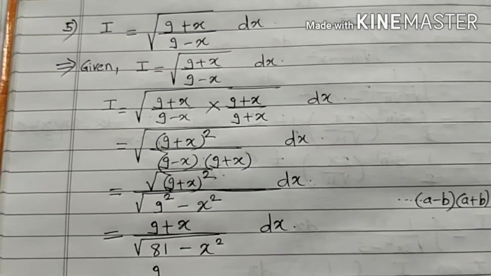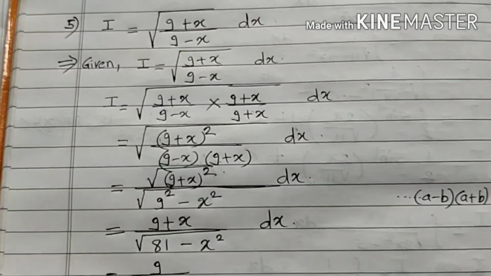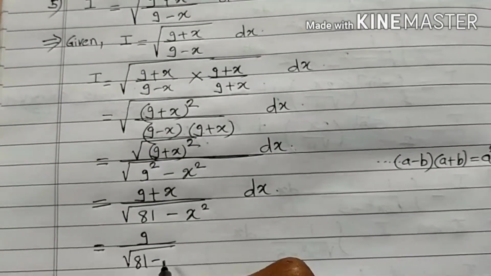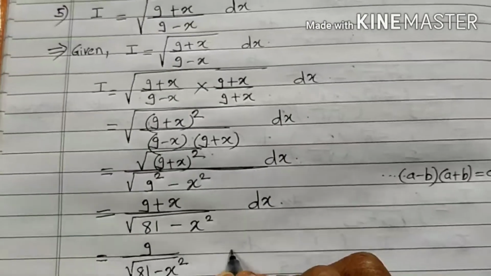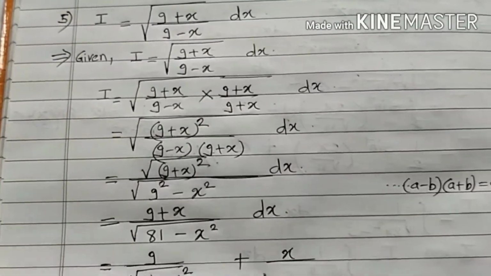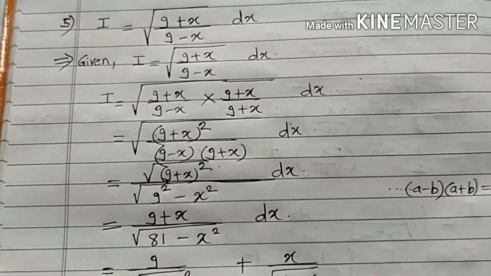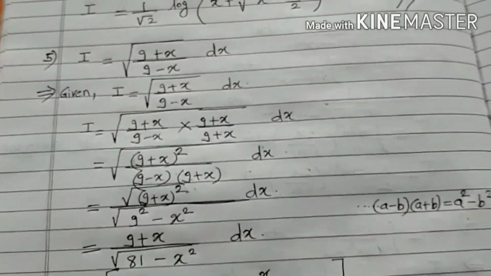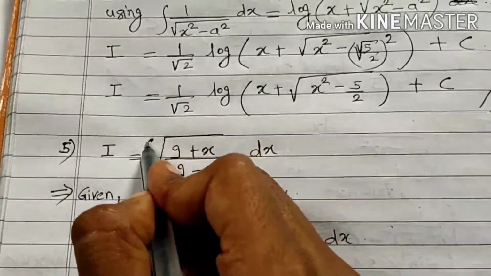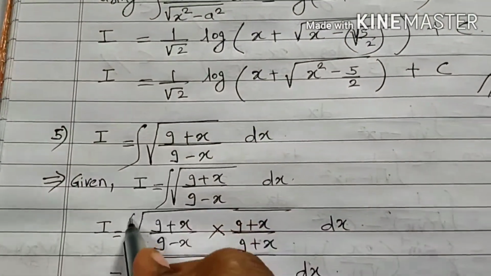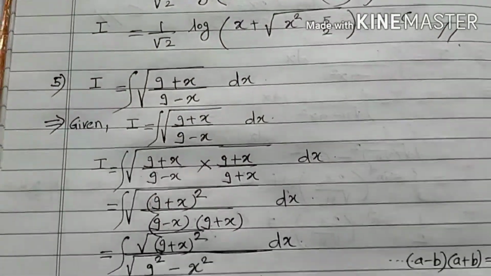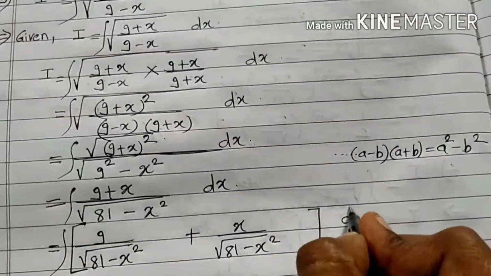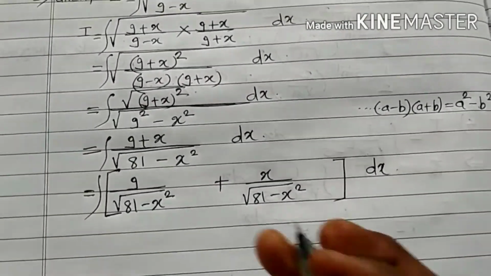So 9 upon under root of 81 minus x square plus x upon under root of 81 minus x square. Sorry student, there is some mistake, the integration sign is missing. So write the integration sign here and dx. Now separate the integration.